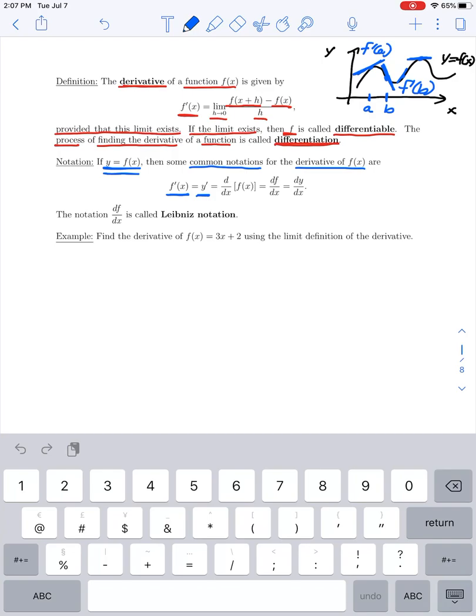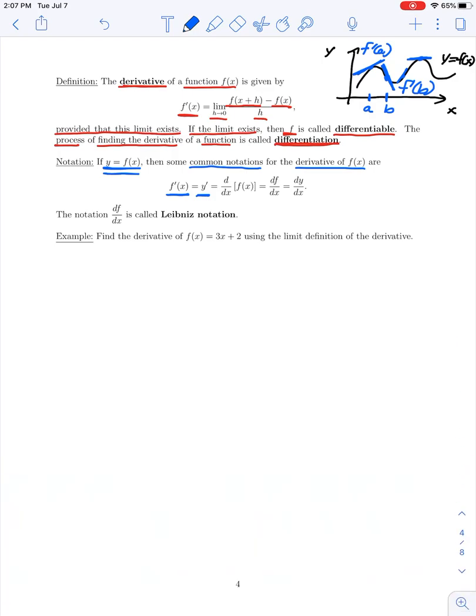Now, another notation which we could use would be the following. We could say the ratio d over dx of the function f of x. This is another notation which is used for the derivative of a function. We'll explain this notation in more detail as we move through the course.